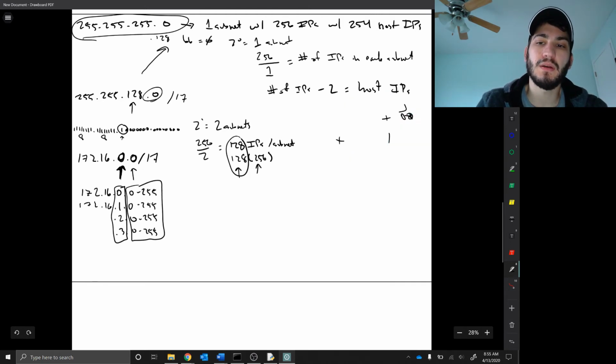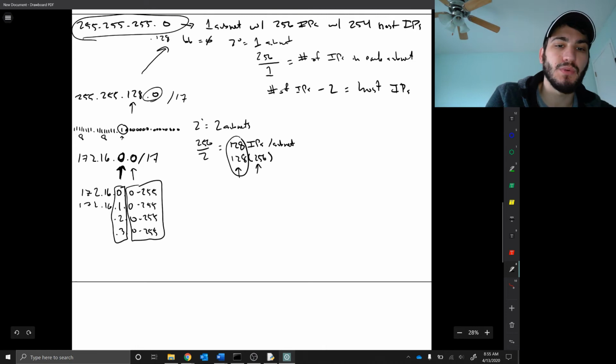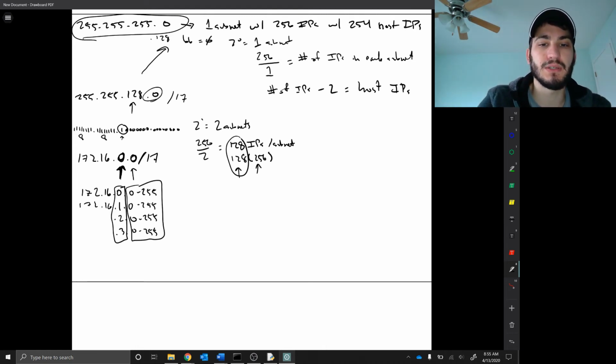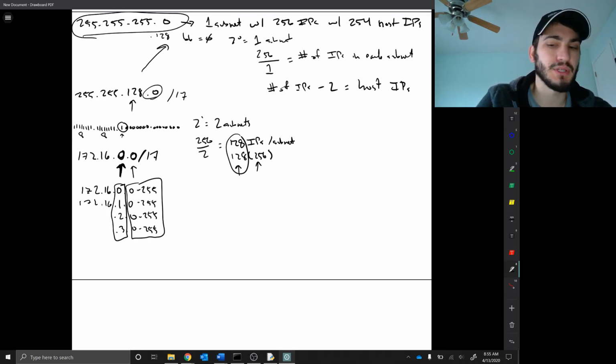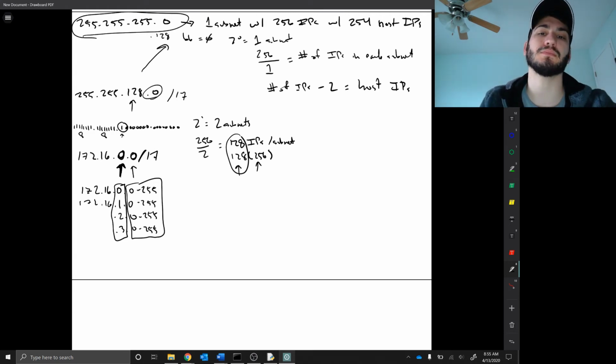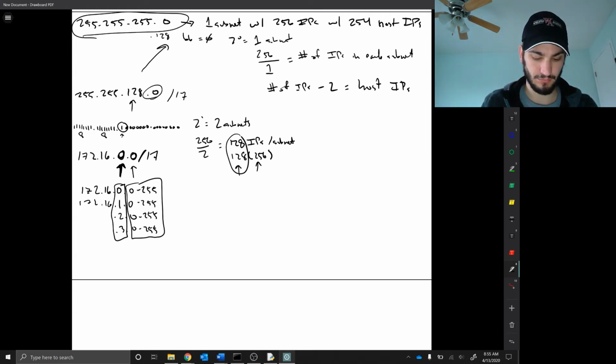So the bigger and more complex your network, you're going to have these somewhat more complicated subnet masks and IP addresses. So technically it's 128 times 256, which I don't know what that is. 256 times 128.